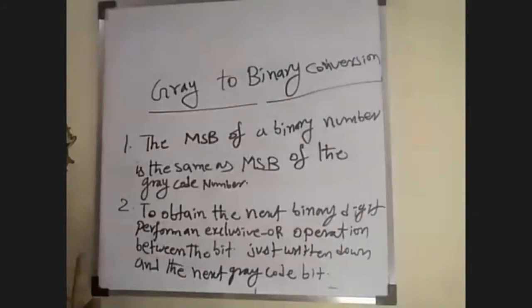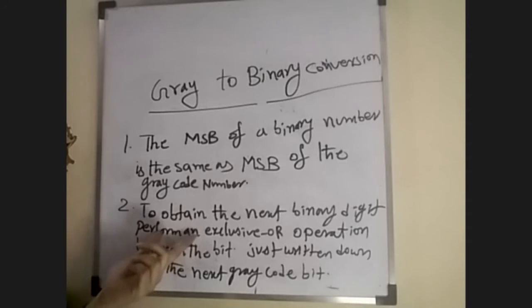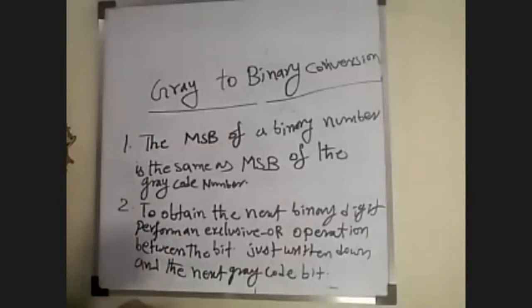And the third step is to repeat step 2 until all gray code bits have been exclusive ORed with binary digits.